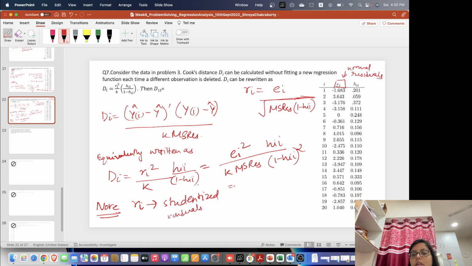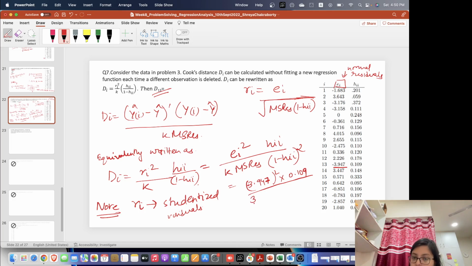Okay, so here we have been asked to find D13. So our E13 is this one. So it will be 3.947 whole square into Hii, which is this one, 0.109, by the same thing.